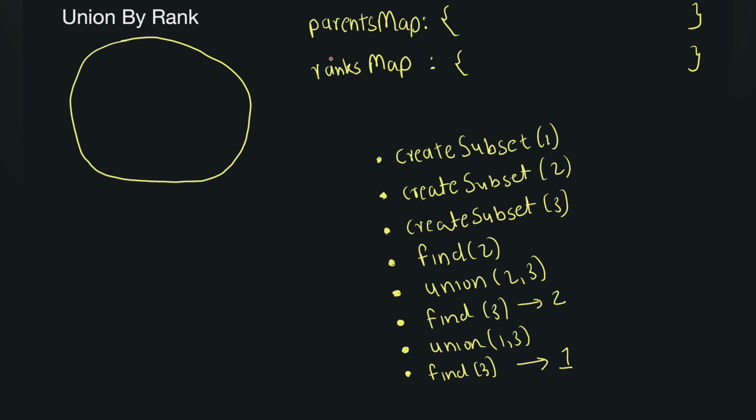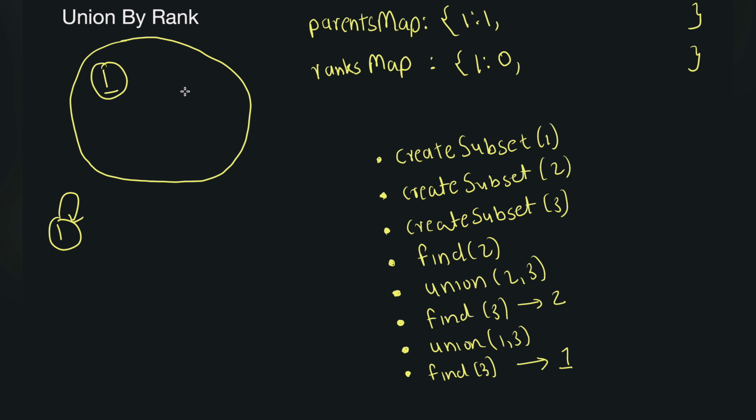Now let's walk through this example. Create subset. Now this is quite similar to what we did before. We'll create a subset with one being parent. We'll create a tree with one being parent. We'll add the entries in both parents map and in ranks map. Now when we add a new subset, the rank of that new subset will be 0.